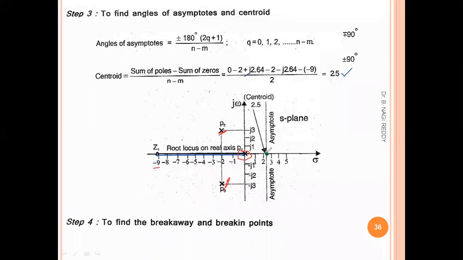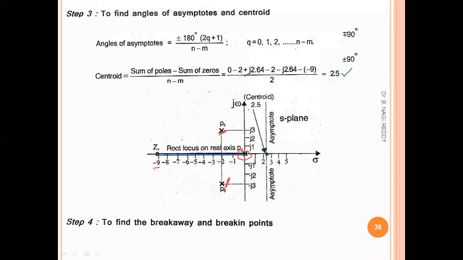So for plus 90, take a protractor and draw a dotted line. This is for plus 90. And if we go downwards, this is for minus 90. So the angle of asymptotes will always be drawn as a dotted line only. At the point of centroid, draw the angle of asymptotes.